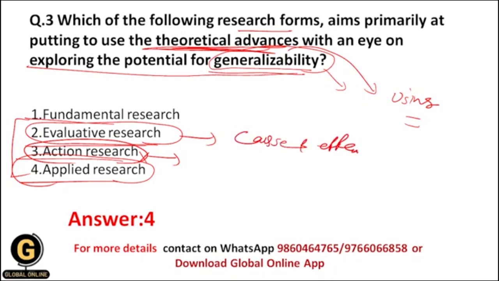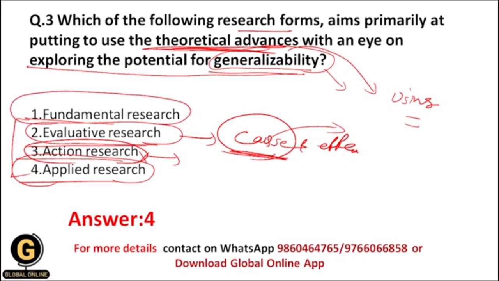Here we evaluate the amount of cause, like how much the causes are causing the effects, and what is the effect of that amount of cause. This is nothing but evaluative research. Fundamental research, that is pure research or basic research, I have told you earlier in this video. So the correct answer for this question is 4.